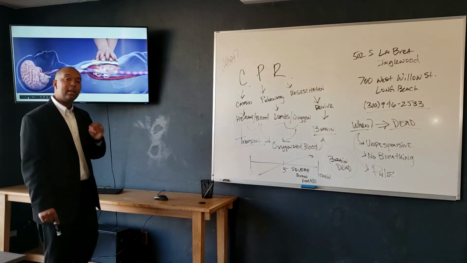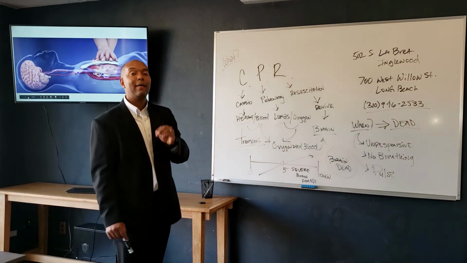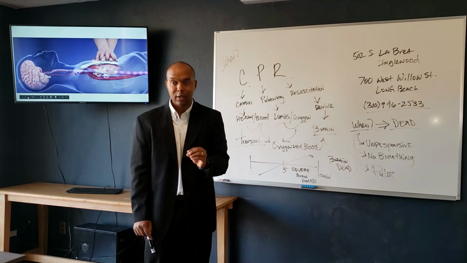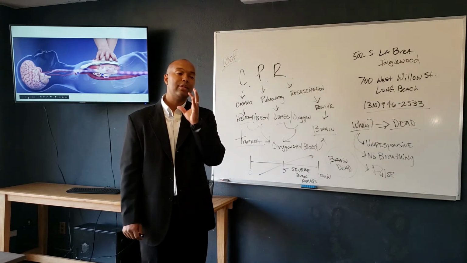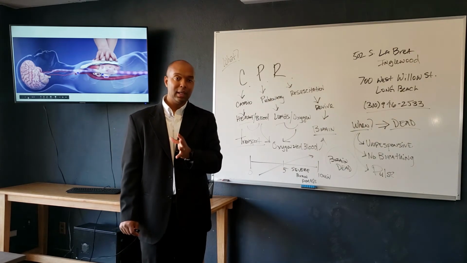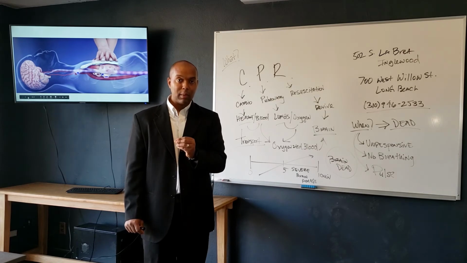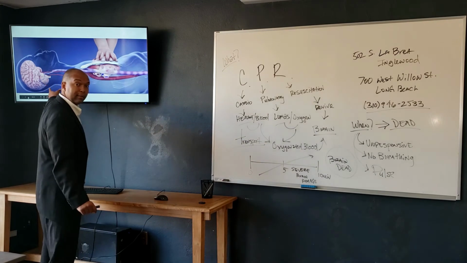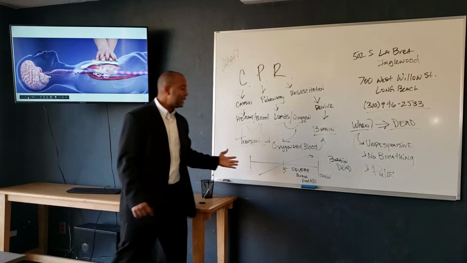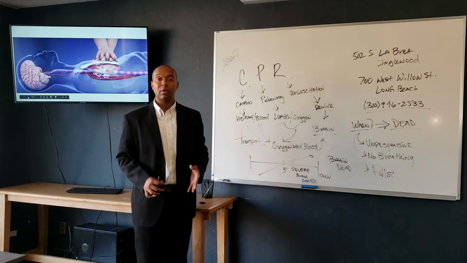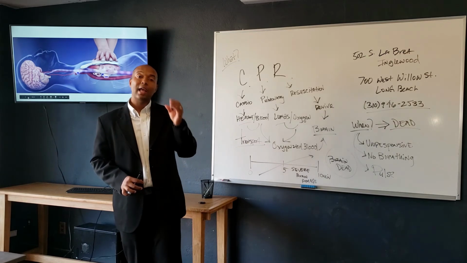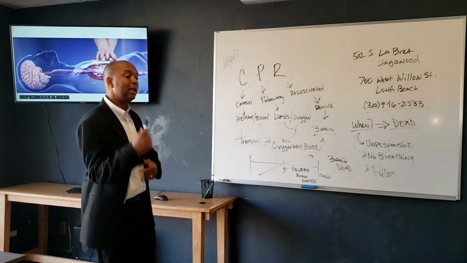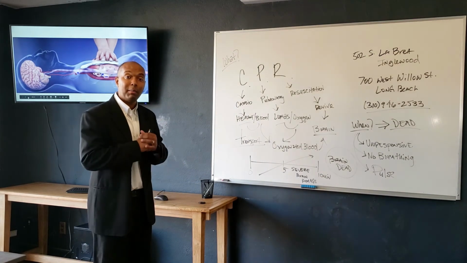Now, one note, if you don't have a mouth-to-barrier device, okay, we need to consider the fact that you do still have oxygenated blood in your body, right, that can be circulated up to the brain. So consider the fact that it takes about 10 minutes for the ambulance to arrive. Well, it takes about 8 minutes and 20 seconds for blood to make a complete circulation around your body.